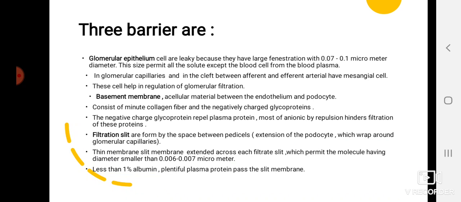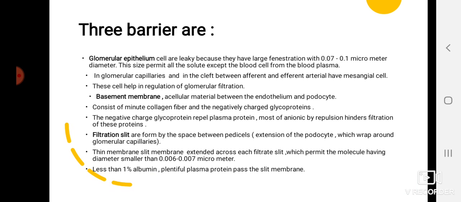First we see the glomerular epithelium, which we also discussed in the previous lecture. Now we look at its pore diameter and the different types of epithelium found in the body. There are some differences between this glomerular epithelium and the normal body epithelium.